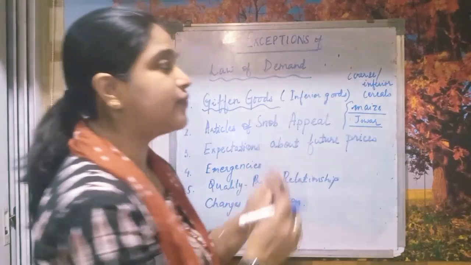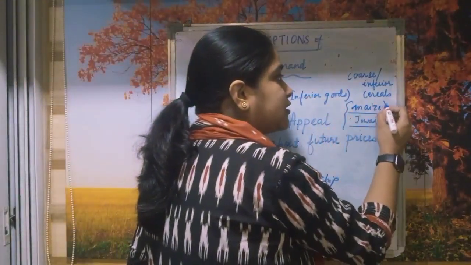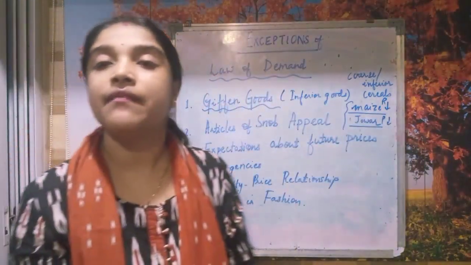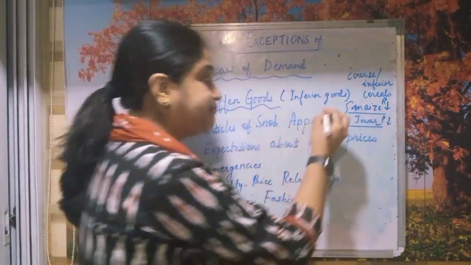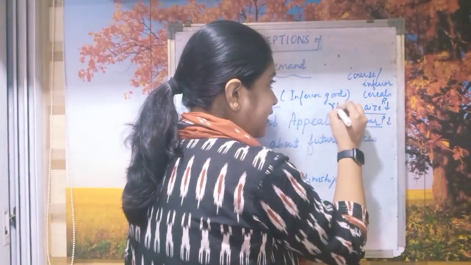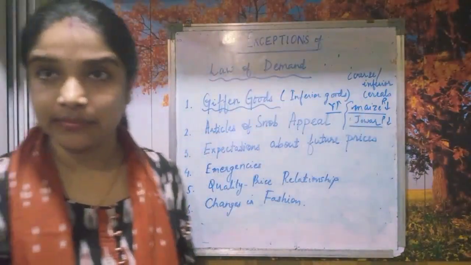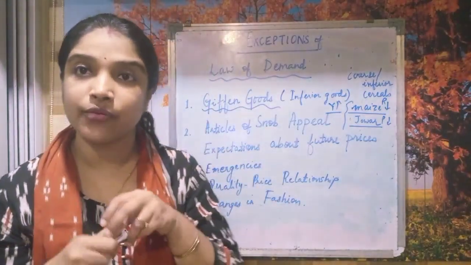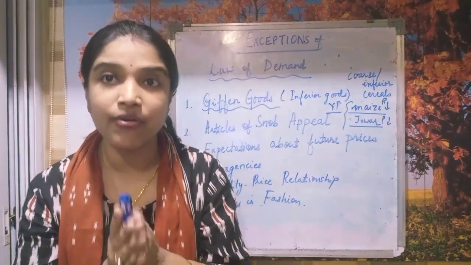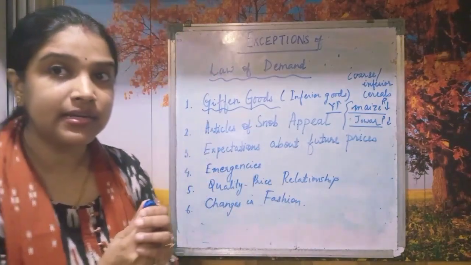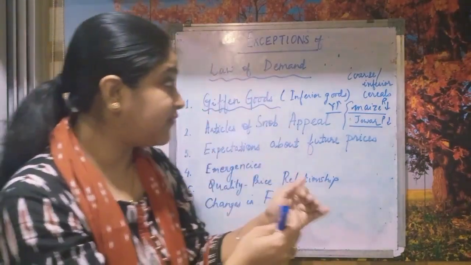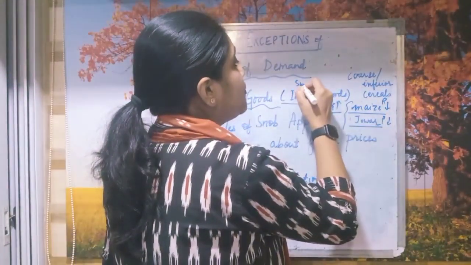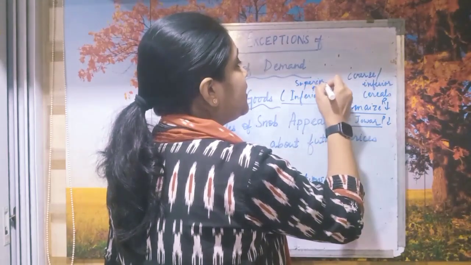So in such type of goods, when the price of such goods falls, what happens? The consumer's real income rises. There's a rise in the income because the price of the good falls. So the purchasing power of the consumer rises, as a result of which the consumer shifts from the consumption of inferior goods to superior goods.